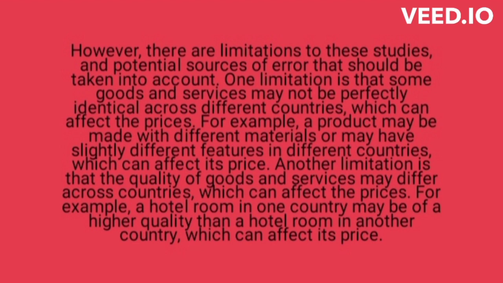For example, a product may be made with different materials or may have different features in different countries. The quality of goods and services may also differ according to the country. For example, a hotel room in one country may be of a higher quality than a hotel room in another country, which can affect its price.